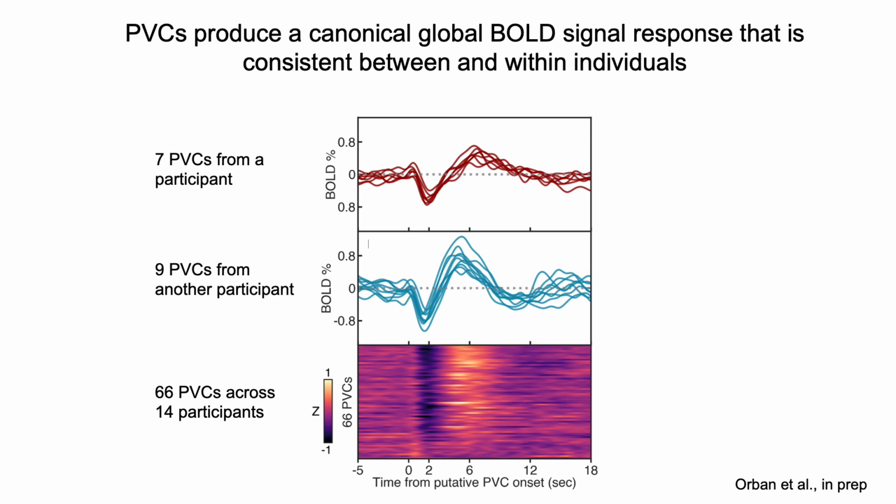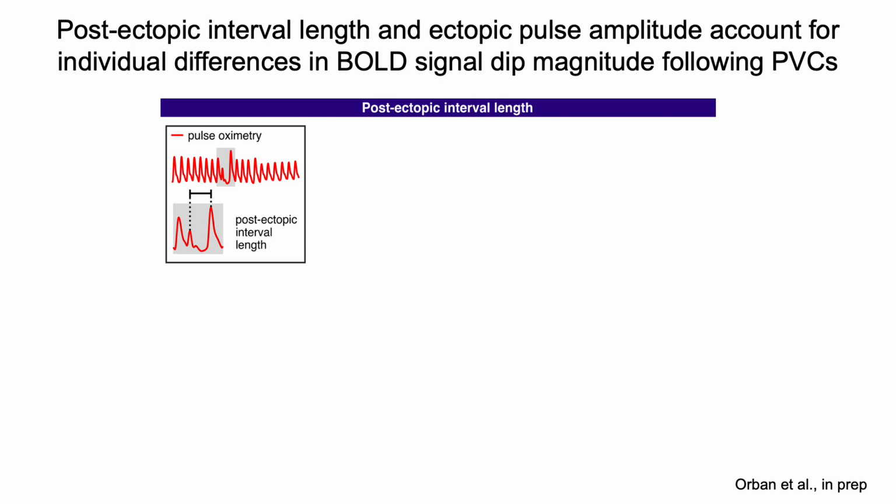We hypothesize that if these effects are primarily blood flow effects, then they may be explained by individual differences in the pulse wave features. We first examined the impact of the length of the post-ectopic intervals. We hypothesized that longer post-ectopic intervals would lead to larger drops in cerebral blood flow and thus lower global fMRI signal minima.